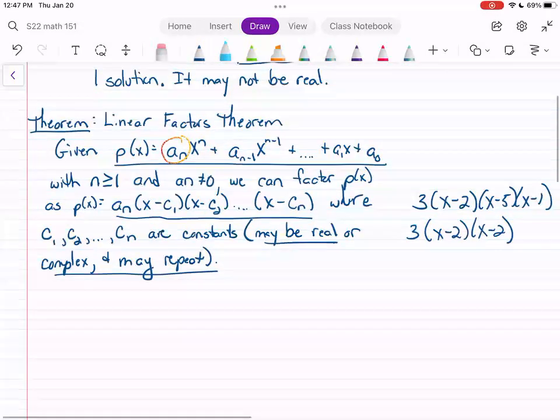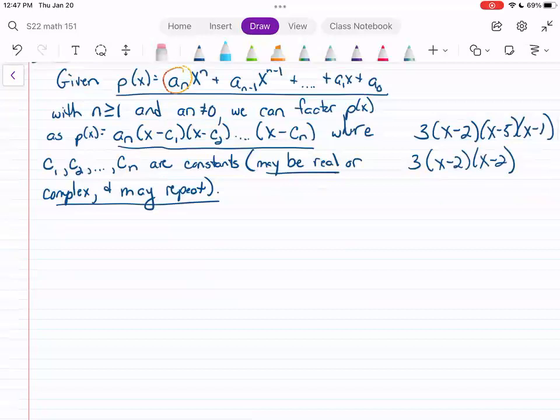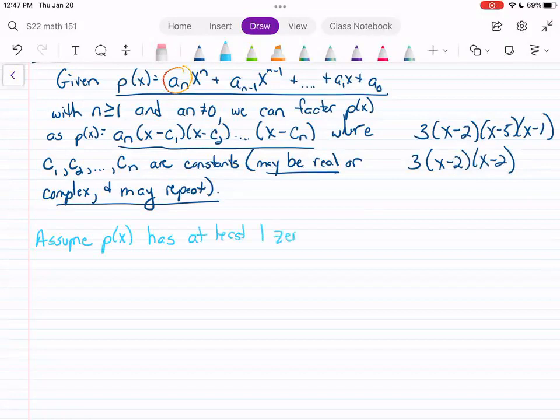So we are going to prove this theorem. Let's assume that this generic polynomial p of x has at least one 0. It doesn't have to be real. We know this is true from that fundamental theorem of algebra that we're not proving, but we're going to call this 0 c sub 1. So using division, we know that x minus c sub 1 is a factor.